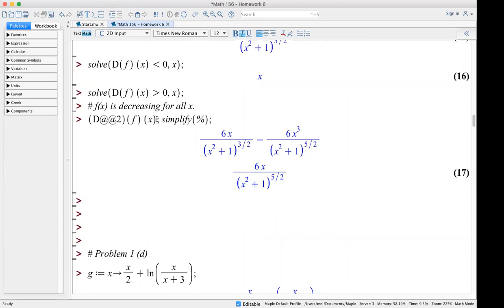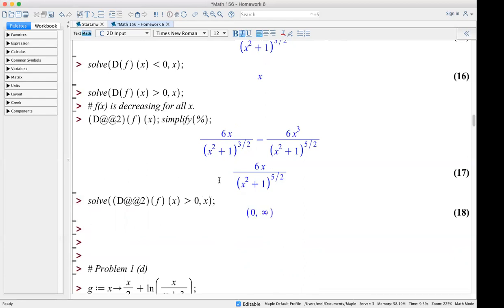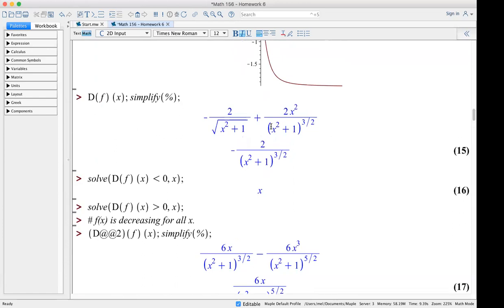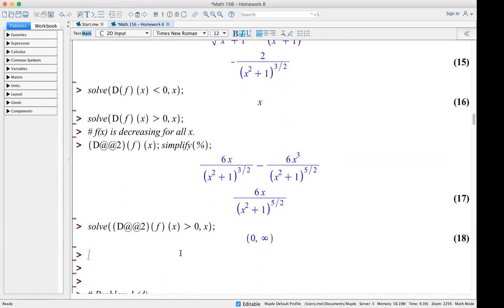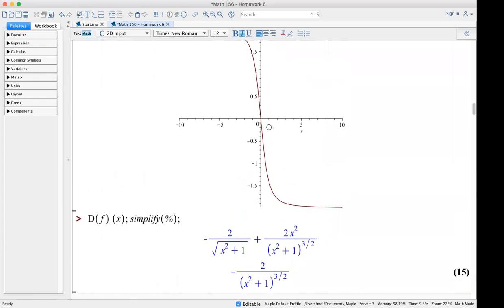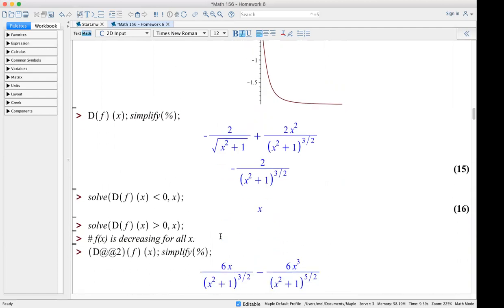If we just want to double check that, let's say solve the inequality, second derivative greater than 0. 0 to infinity. So this function has the second derivative positive from 0 to infinity. That means it's concave up from 0 to infinity. It's decreasing, but it's concave up.